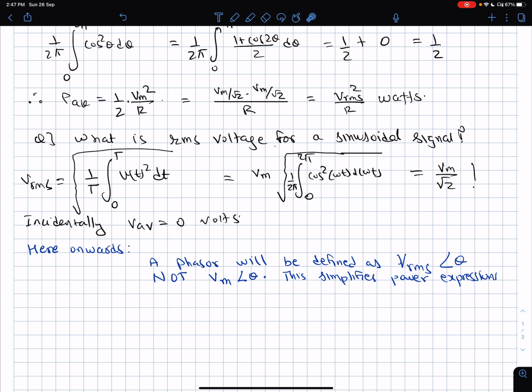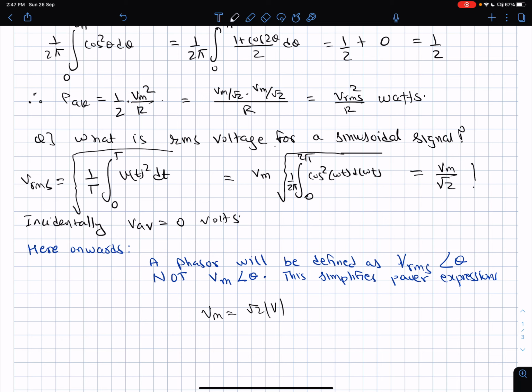So from now onwards, all through the course, without any confusion, whenever I say phasor, I will mean only the RMS value. So the amplitude will be root 2 times the magnitude of the phasor.